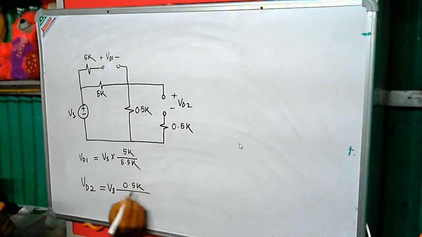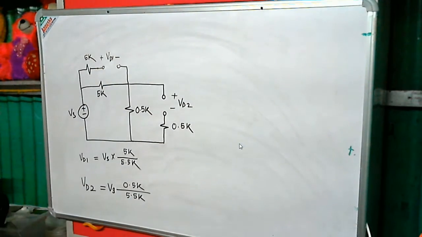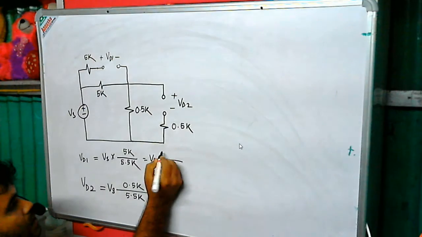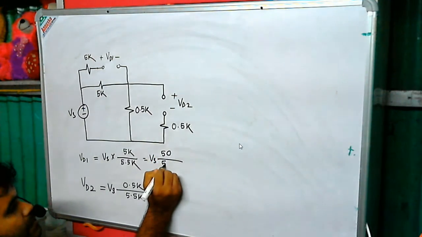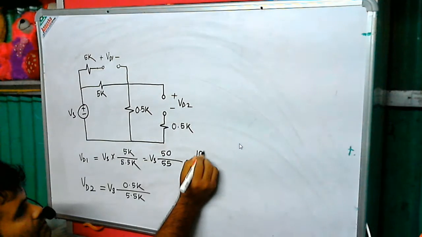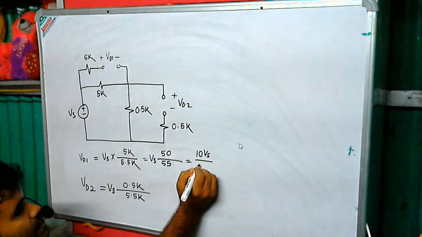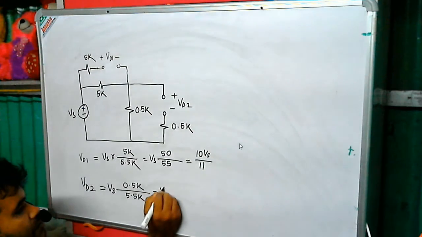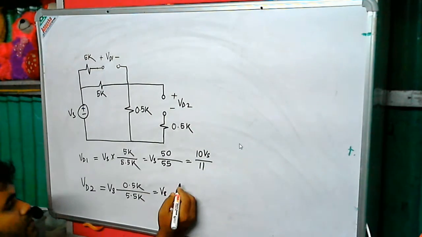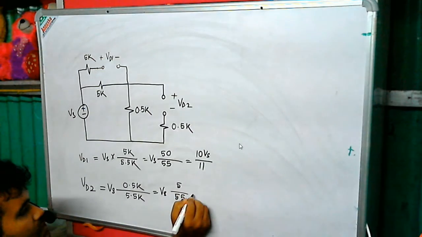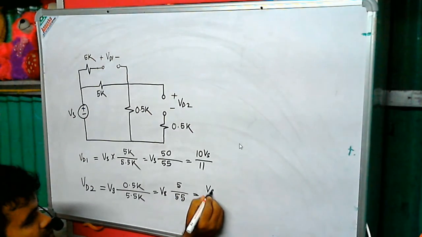0.5k divided by 5.5k, right? So this you can write as Vs into 50 divided by 55, that is 10 Vs divided by 11, and this is basically 5 by 55 times Vs, that is Vs by 11.